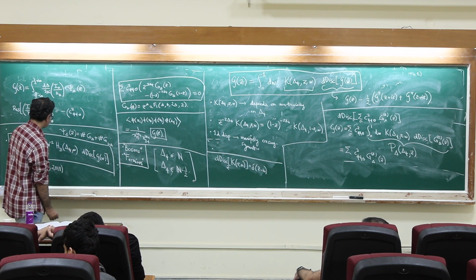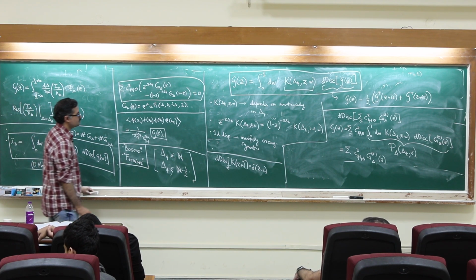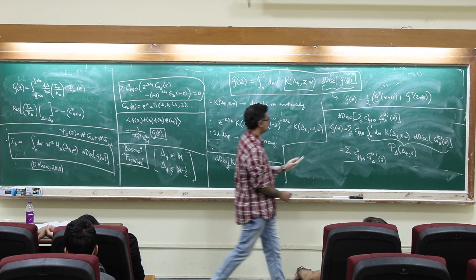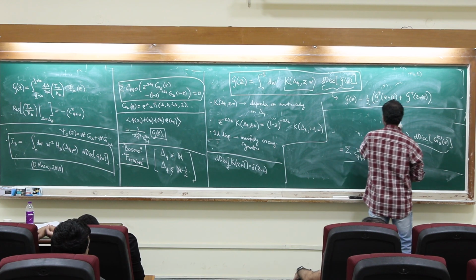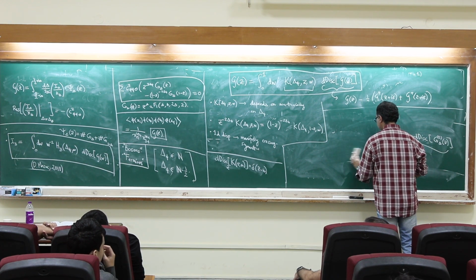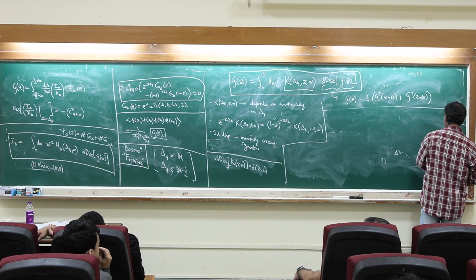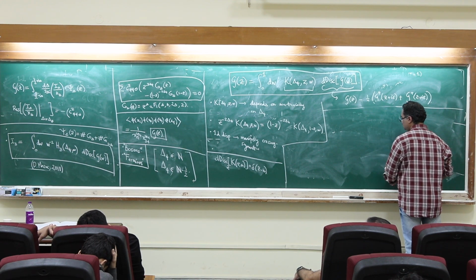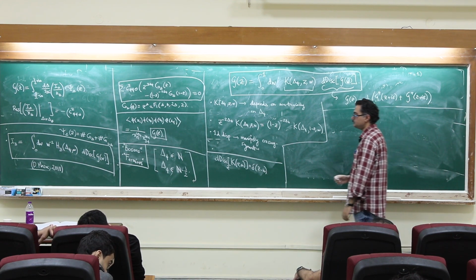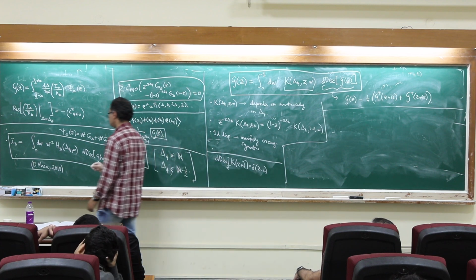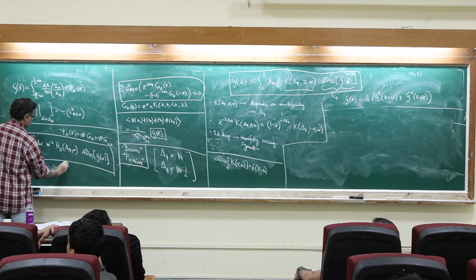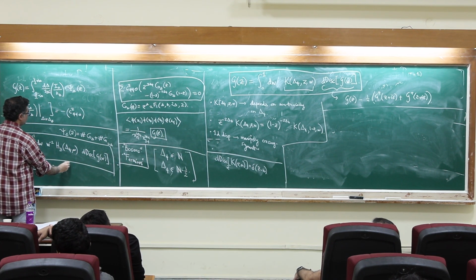Just to complete the chain of logic, here is what we do. We take this integral representation for the OPE coefficient function in terms of the d disk, this guy, and we plug it back here.